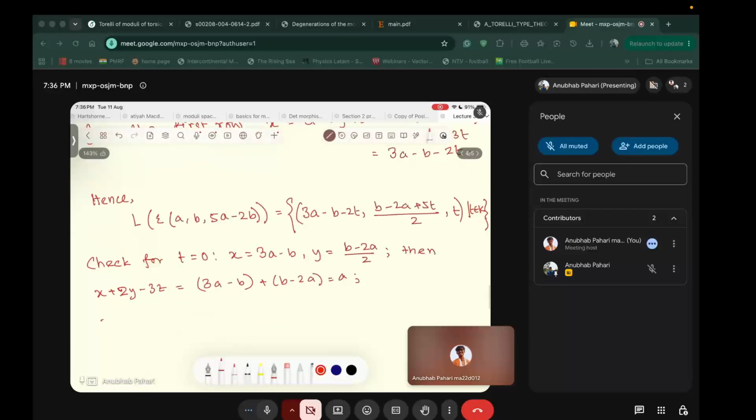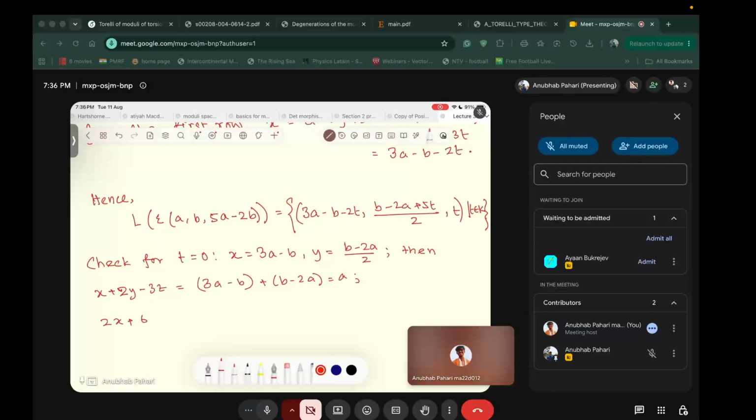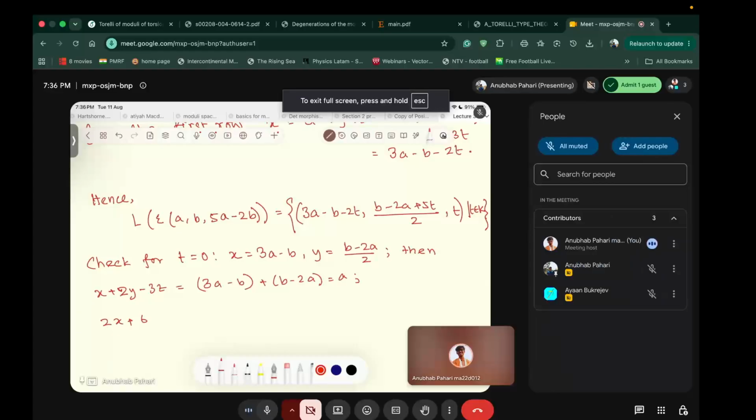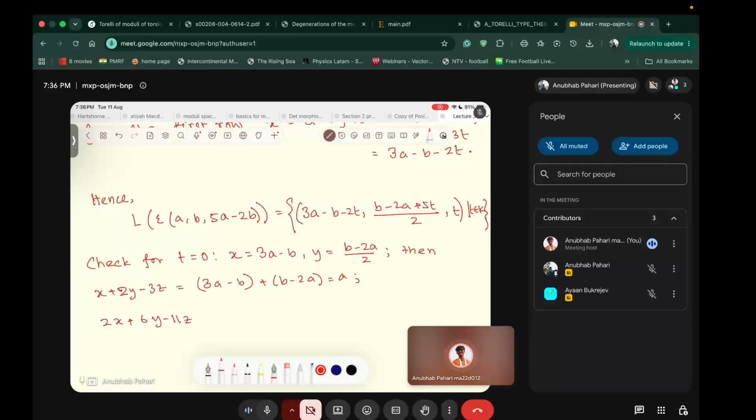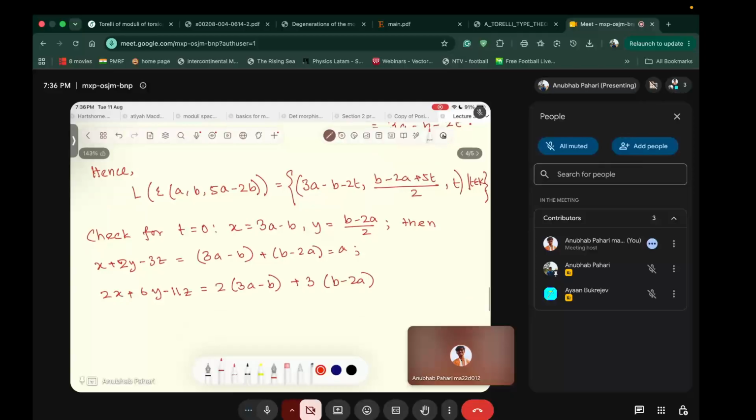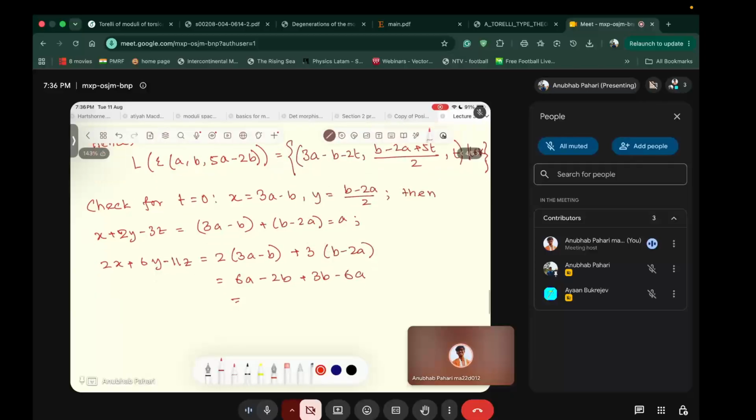And 2x plus 6y minus 11z will be 2 into 3a minus b plus 3 into b minus 2a, which equals 6a minus 2b plus 3b minus 6a. So both the 6a get cancelled and it will be b.